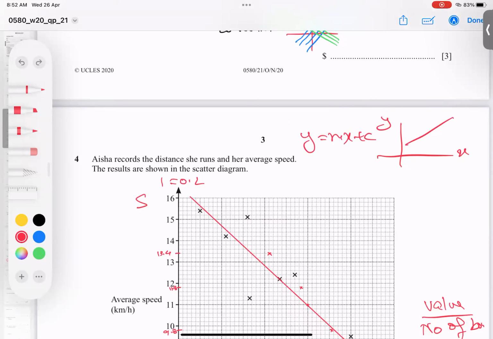But if I say distance and voltage, how does the line represent it? This will go in the place of y, and this will go in the place of x. So I hope you got the point of how I make the equation. y equals mx plus c converts to voltage equals m times distance plus c.